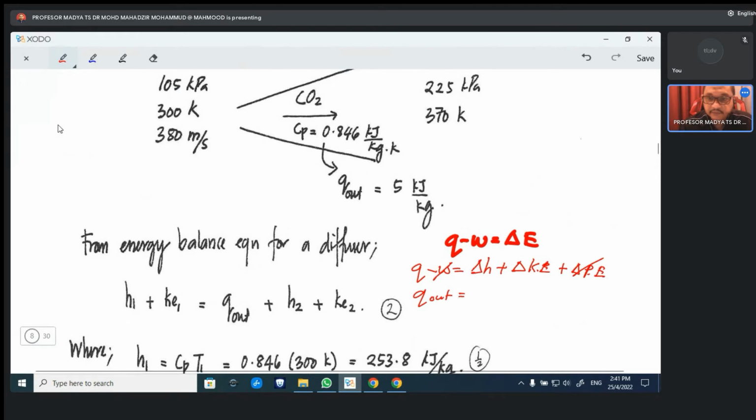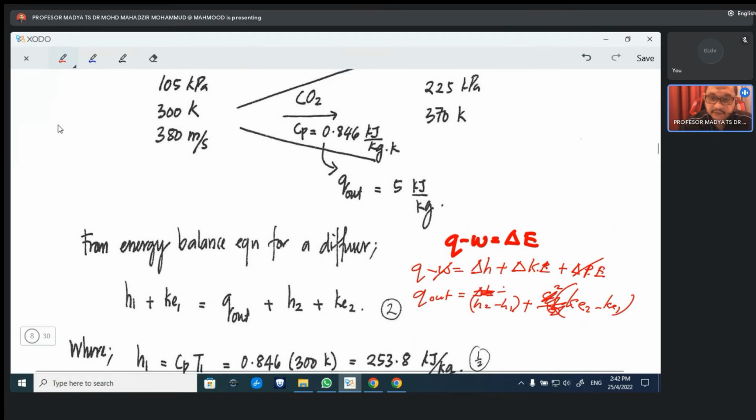So it equals delta H, or I simplify, H2 minus H1 plus 1 over 2 C squared, or in this case I use KE2 minus KE1.